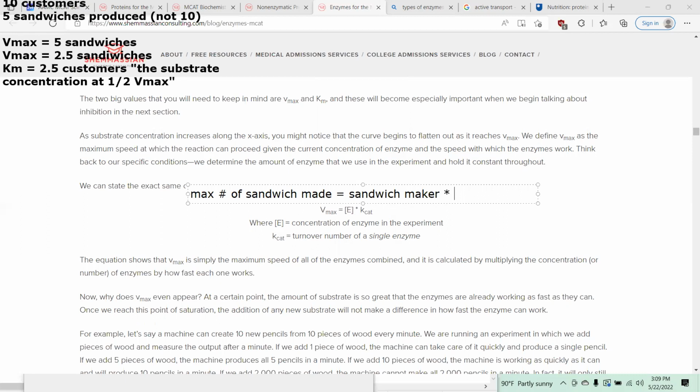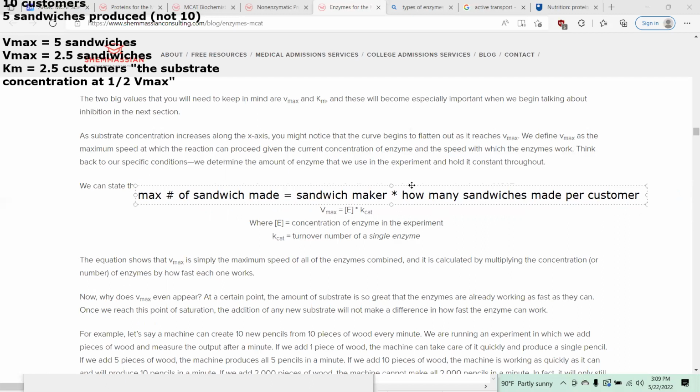So in this case, how many sandwiches are made per customer? So this intimidating-looking equation is basically just simple math. How many enzymes do I have? How much do they make if they do one go? That gives me the total amount of product that I'll get, right?